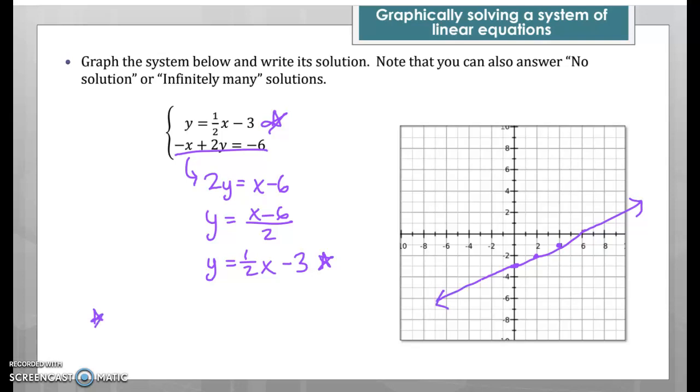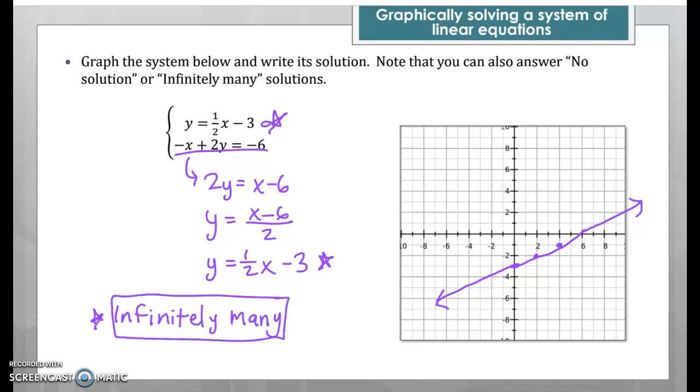So I have infinitely many solutions, because I could pick any point on one of those lines or along both of those lines, and it will be a solution to both equations. If I plug any of those points into both of these equations, they'll be solutions. So that's how we graphically solve a system of linear equations.